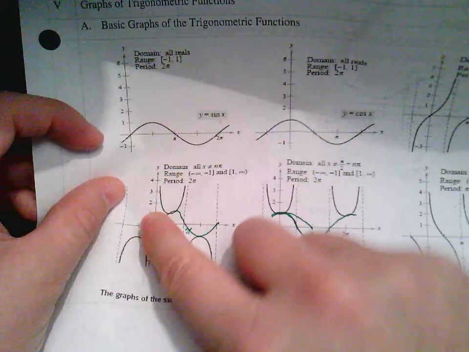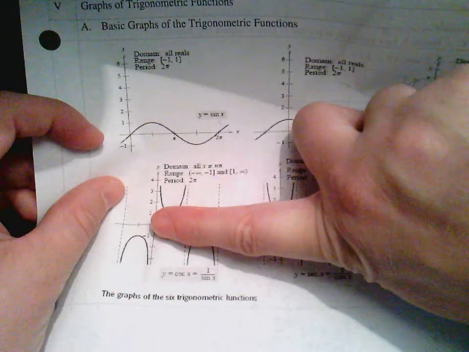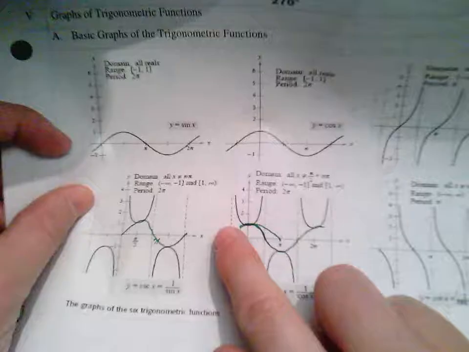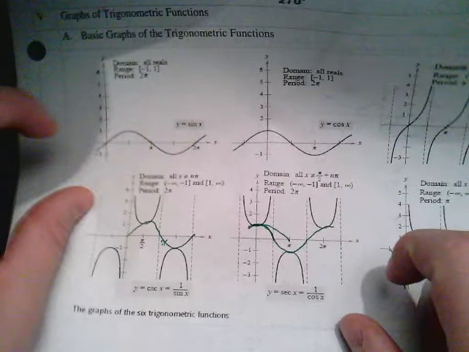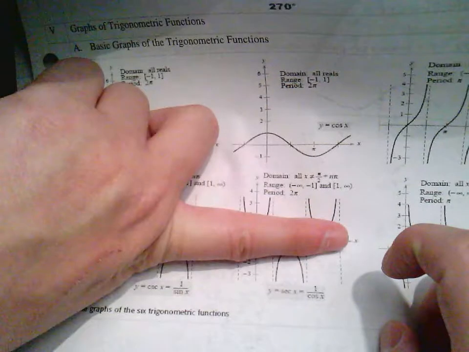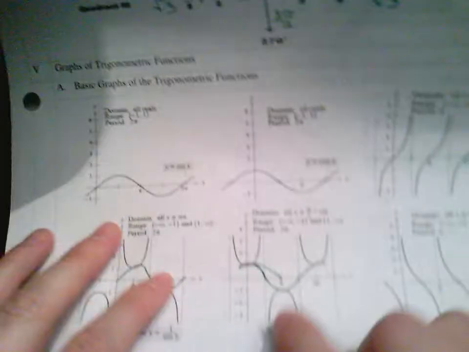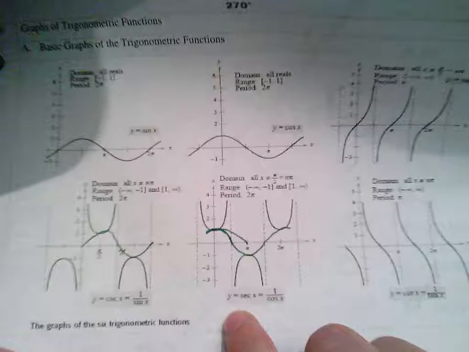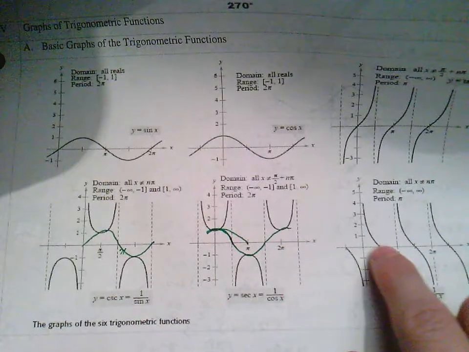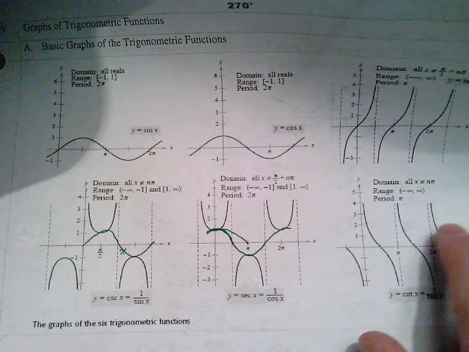Same thing with cosine, I drew it in there, but you could just look at it like this. So that's actually a period and a half for secant. And then you have cotangent, which looks like that. So that's 3 and a half cycles of cotangent.